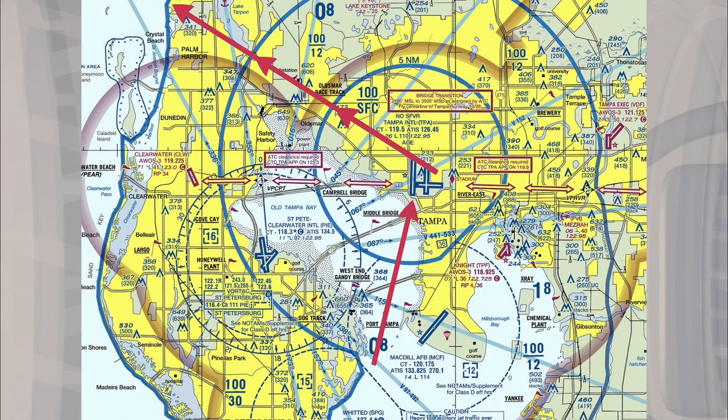So every place under 3,000 feet in that area is not controlled by that Bravo airspace. And that's where you have to think three-dimensional when you're looking into these maps.